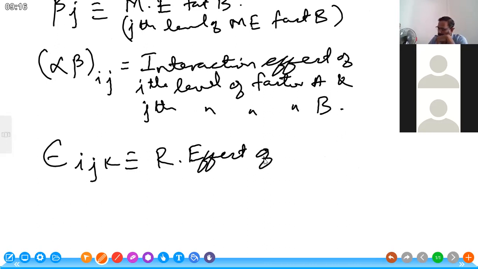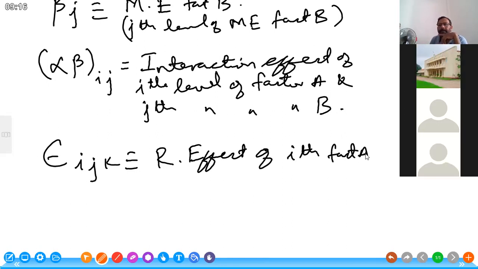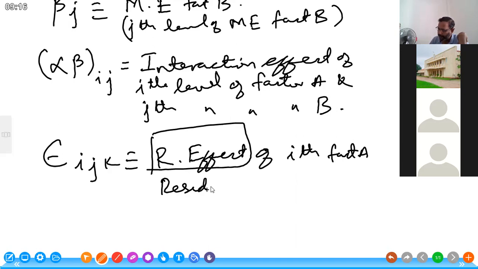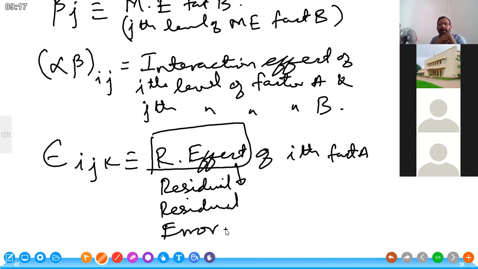Random effect of ith level of factor A. Random effect, residual effect, residual error, or error, all these are the same. All are synonyms. You can use any of those, right?